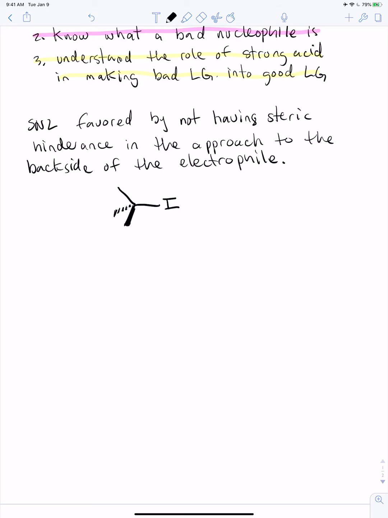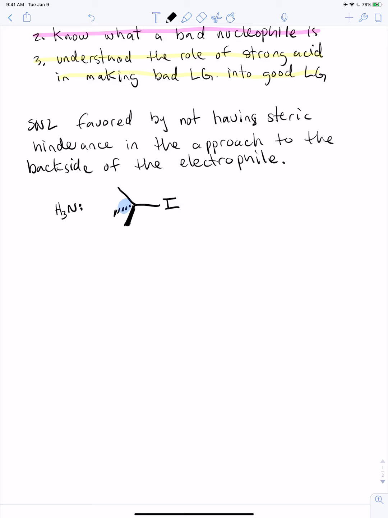Anyway, all right. But yeah, so SN2 is favored by not having steric hindrance in the approach to the backside of the electrophile. So remember, our backside is here, and so you don't want a lot of steric hindrance there. But also, when your nucleophile is coming in, you don't want a lot of steric hindrance on your nucleophile. So let's say you're this nucleophile, okay? Ammonia, pretty small, not a lot of steric hindrance.